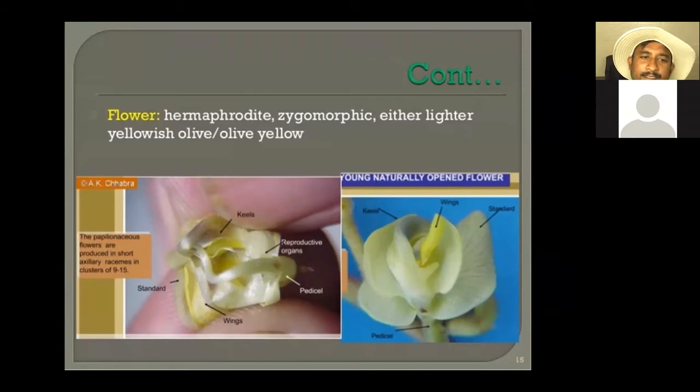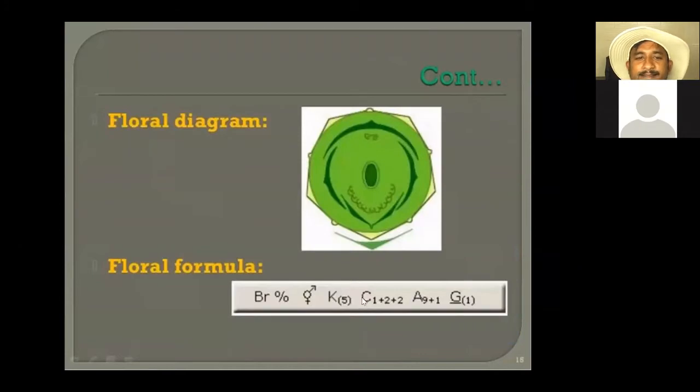And this axillary raceme has flowers like this. This is how an open flower looks, with the wings, standard and keel petals. And this is a floral formula, how a botanist can describe the mung bean flowers botanically.